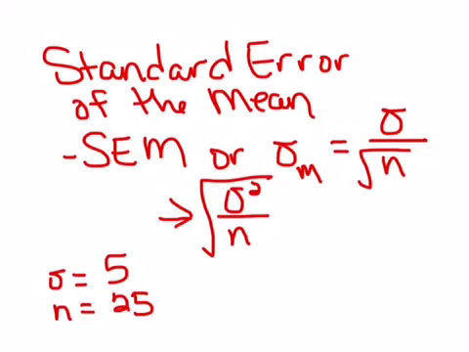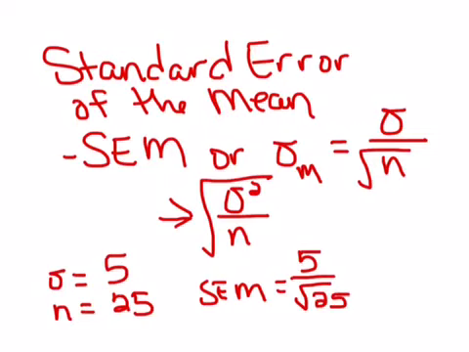So we have a small standard deviation of 5, but we're going to get a sample size of 25 people. To find the standard error of the mean, I'm just going to plug this in. 5 divided by the square root of 25. Remember, when we take the square root of 25, it's going to be 5. So our standard error of the mean is 1.